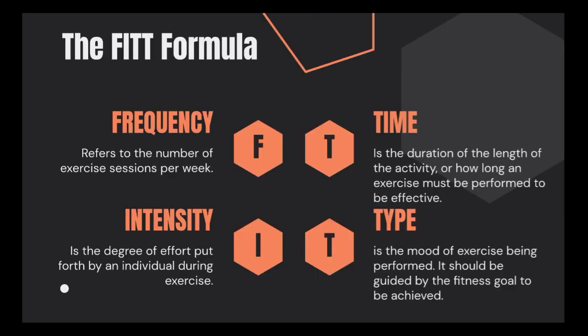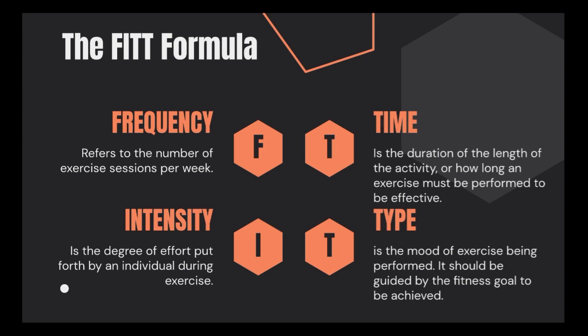Next, we have what we call the FITT formula. The FITT formula is a well-designed physical activity plan that will outline your exercise program. It will outline how often or how frequent, how long the time, how hard the intensity a person exercises, and what kind of exercise it is, or the type.